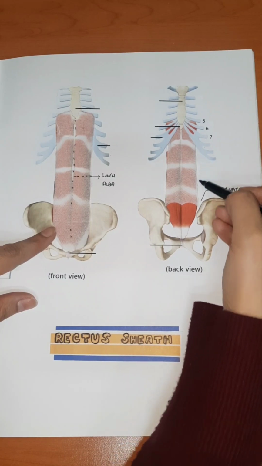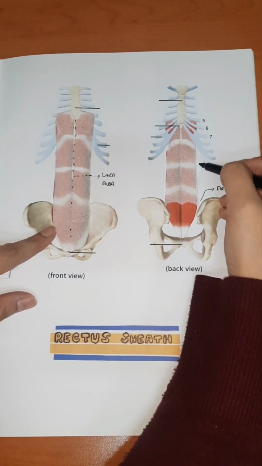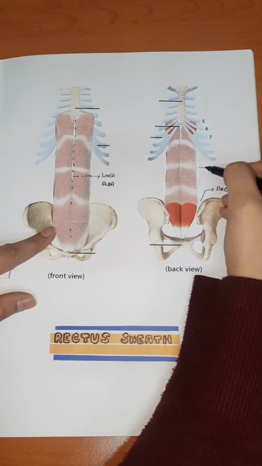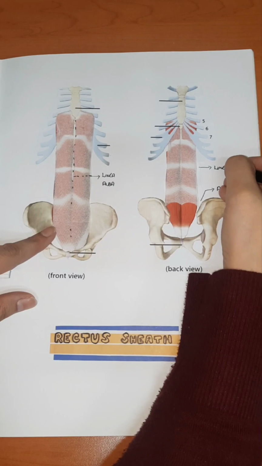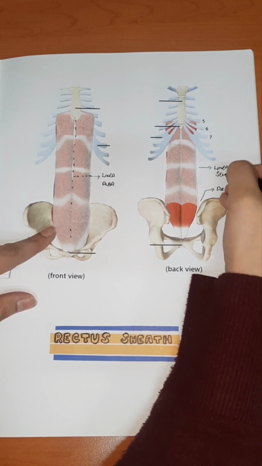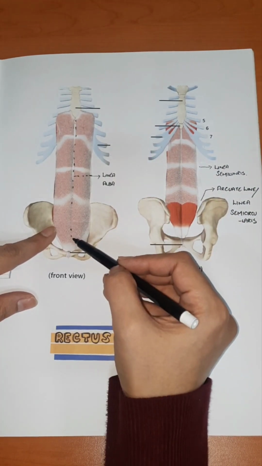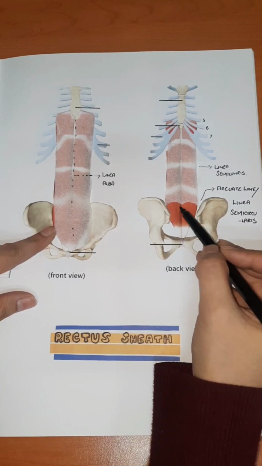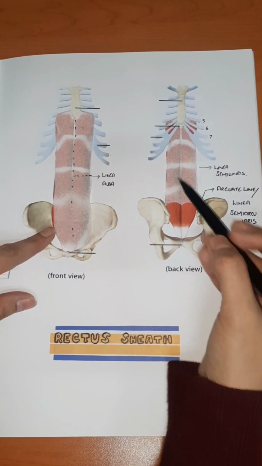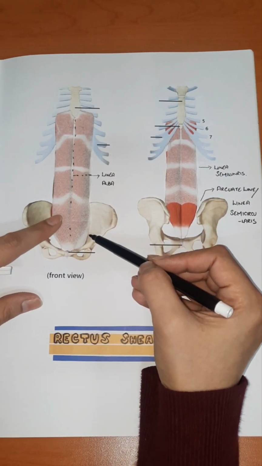Along the lateral border of the rectus abdominis muscle, where there is limitation of the rectus sheath, this line is referred to as the linea semilunaris. So this midline is the linea alba. The inferior posterior limitation of the rectus sheath is the linea semicircularis or the arcuate line, and the lateral limitation of the rectus sheath is the linea semilunaris.